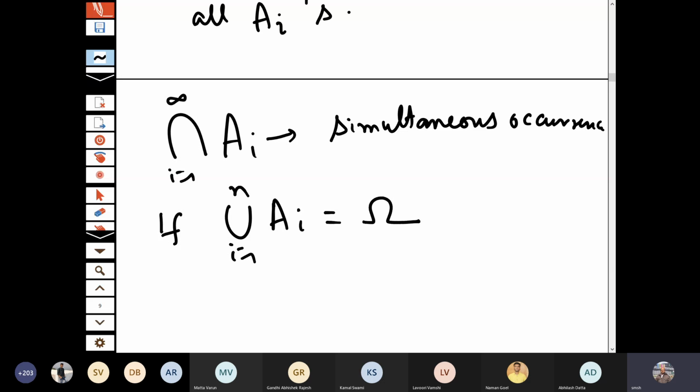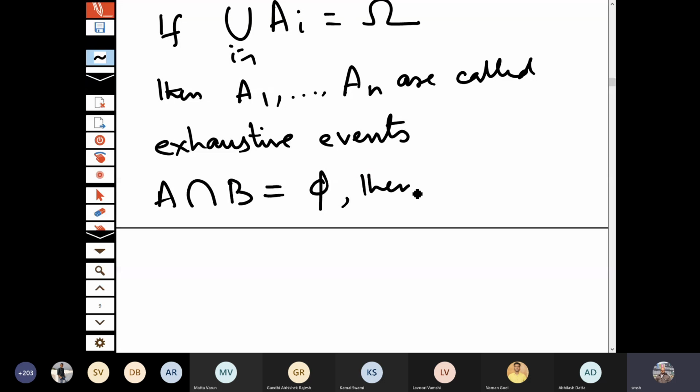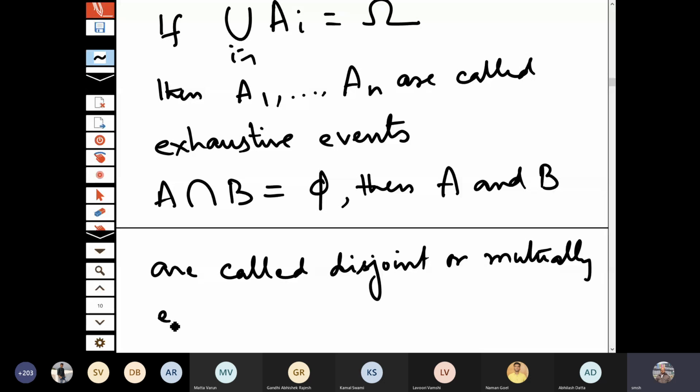If the union of Ai is equal to omega, that is the sample space, then A1, A2, up to An are called exhaustive events. If A intersection B is phi, then A and B are called disjoint or mutually exclusive events.